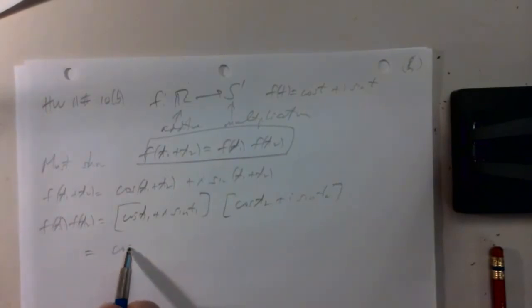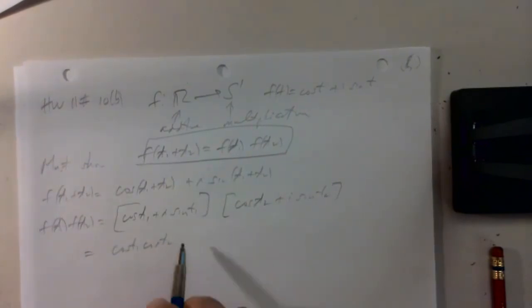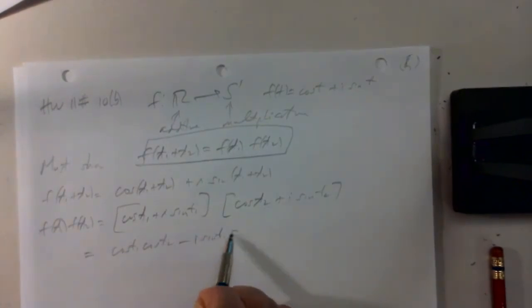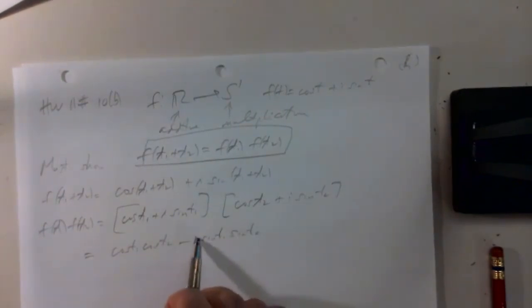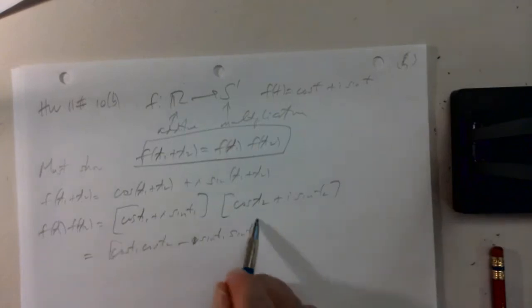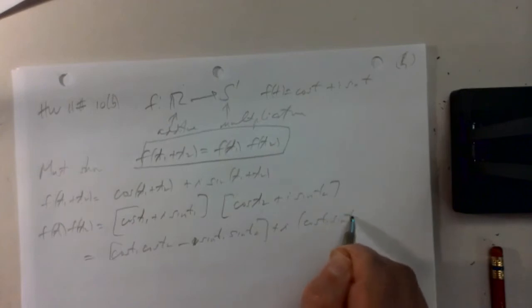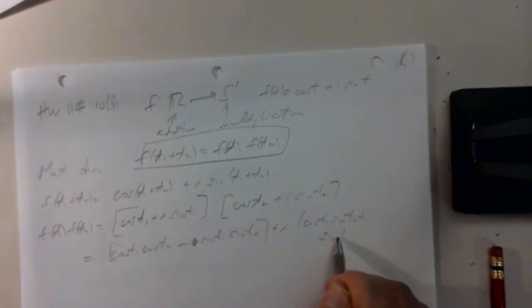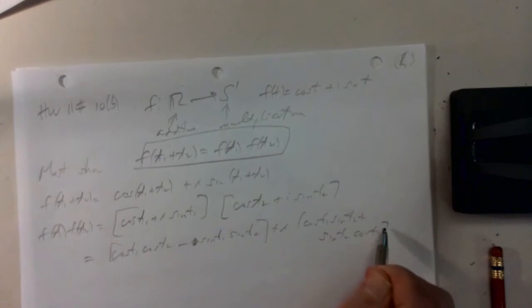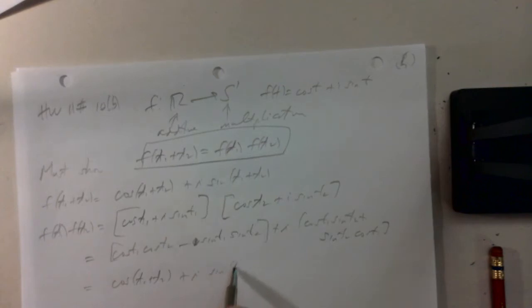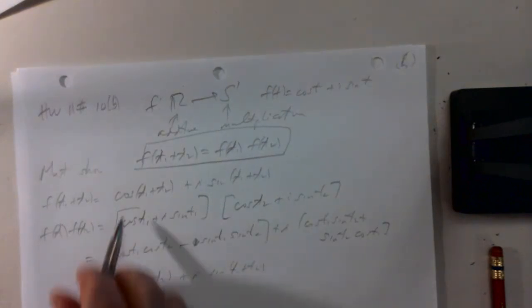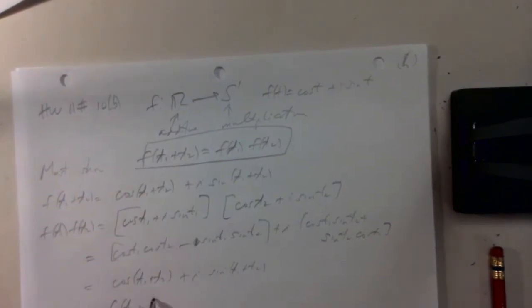When I multiply, I get cosine t1 cosine t2 minus sine t1 sine t2 plus i times cosine t1 sine t2 plus sine t2 cosine t1. And by the addition formulas for the sine and the cosine, this is the cosine of t1 plus t2 plus i times the sine of t1 plus t2, which is exactly f of t1 plus t2.